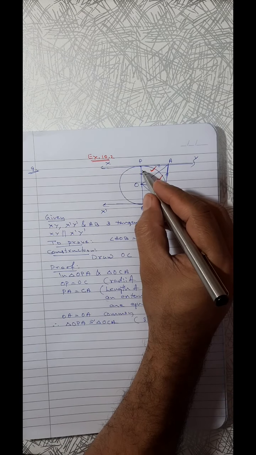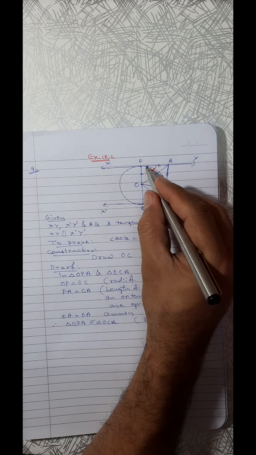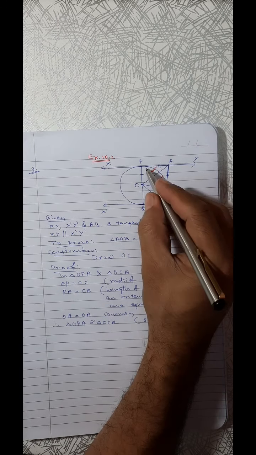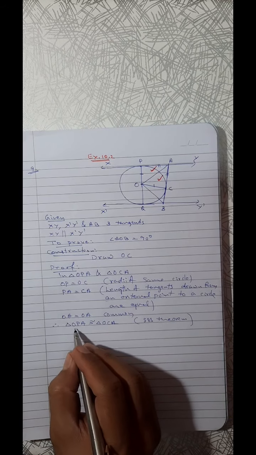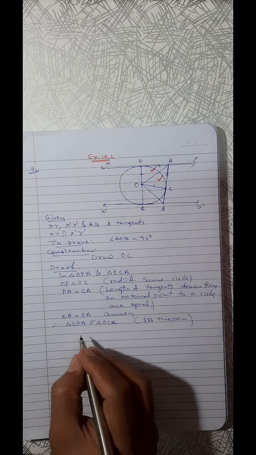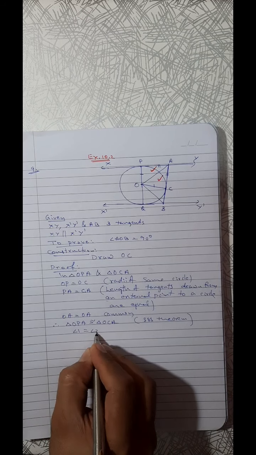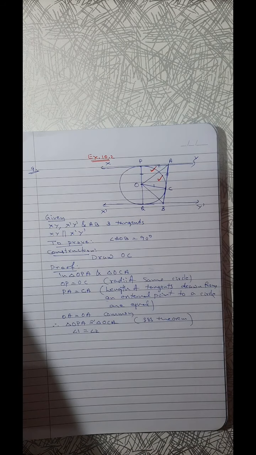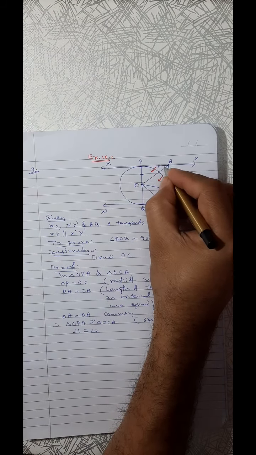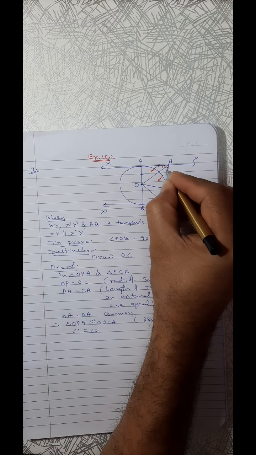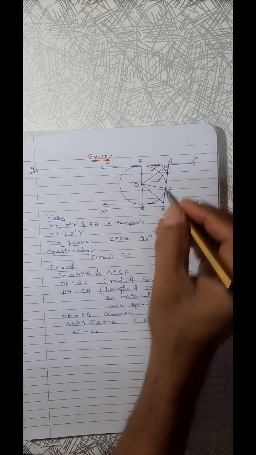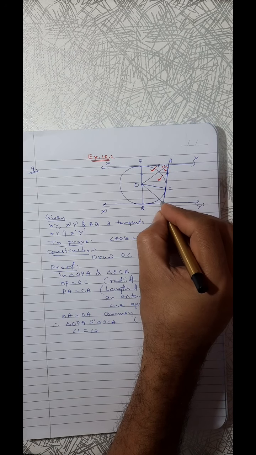Otherwise we can think about the RHS theorem by naming the angles at P and C. Both are perfect, no problem. Since these two triangles are congruent, angle 1 equals angle 2, by CPCT.